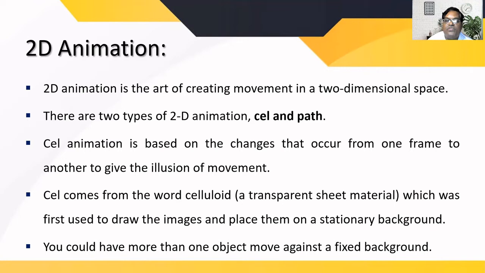The word cell comes from celluloid, a transparent sheet which was used to draw images as background images. You could have more than one object move against a fixed background in cell animation.